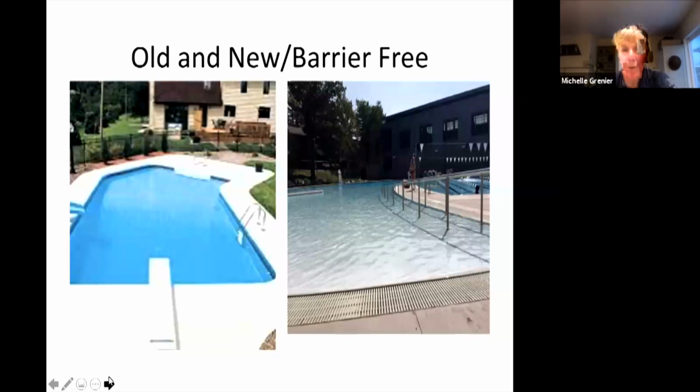It has a ladder in, and if you can imagine even a pool with a lift that for someone, let's say with cerebral palsy who had limited mobility in their lower body, they may need to have a lift to get into the pool. And I recall one time I was with a Paralympian swimmer who the only way he could get into the pool was the lift. And he said, nope, I'm not going in. Because what that did, it really stigmatized him and made him noticed by everybody.